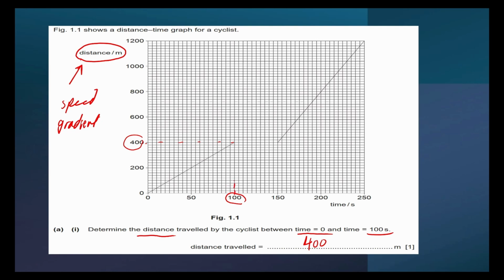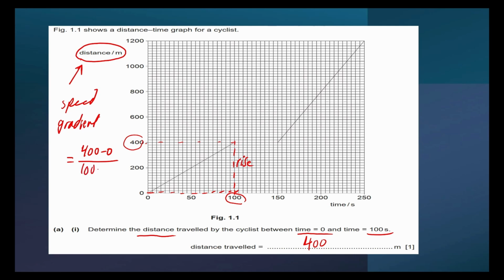This is the rise, over the run. The rise is from 0 to 400, so it is 400 minus 0 over the run. What is the time at 100, at 400?